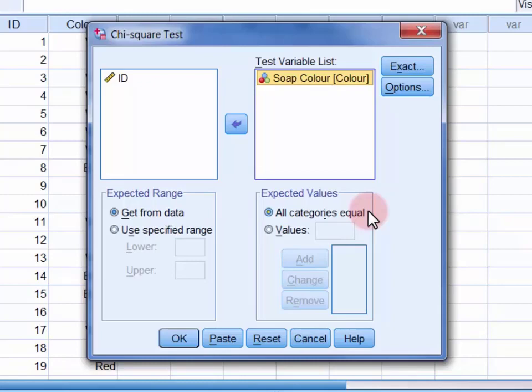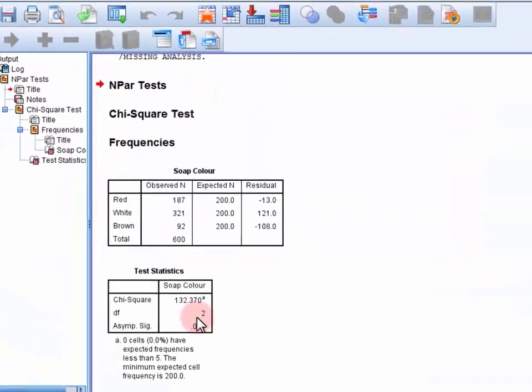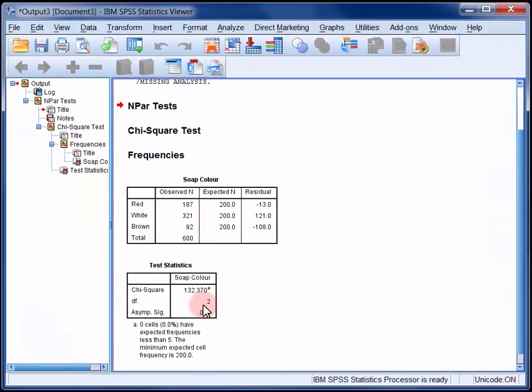And this will allow me to compare the distribution of observed colour preferences with the distribution that would be expected if all three colours were equally popular. As an alternative though, it is possible to specify an unequal distribution, and you can refer to the SPSS Help menu for further information about this feature. For now though, we'll click OK, and our output will appear in the SPSS viewer.